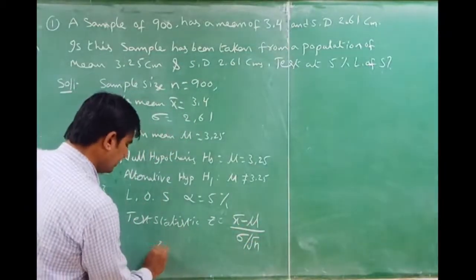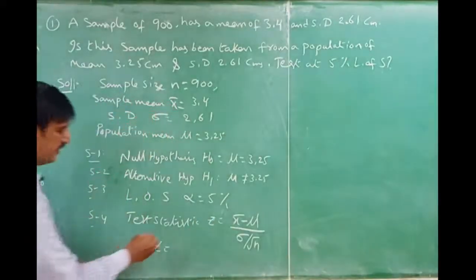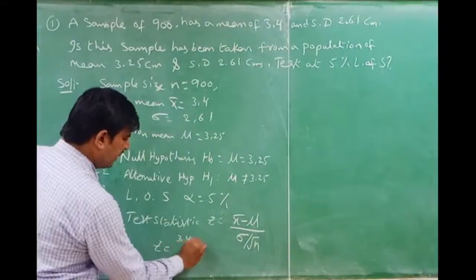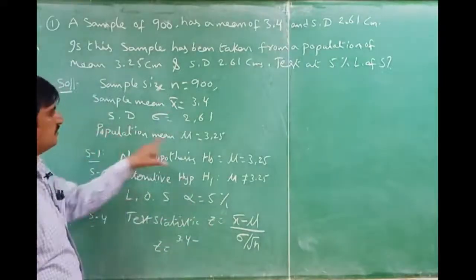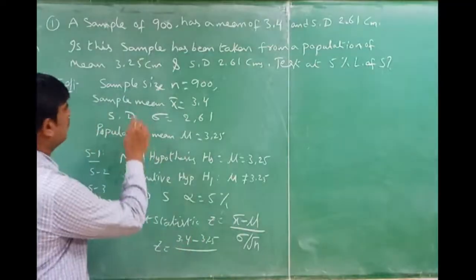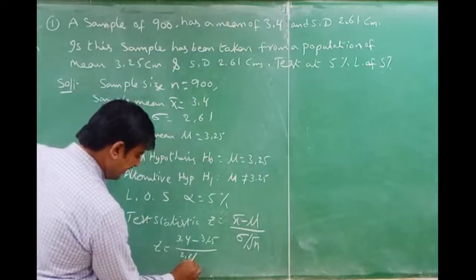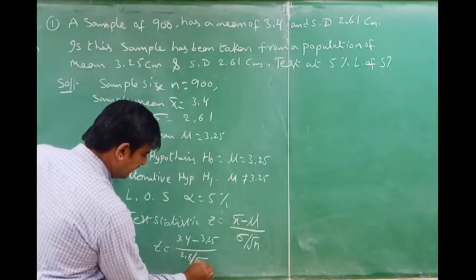Substituting all values, Z is equal to 3.4 minus 3.25 divided by 2.61 by the square root of 900.